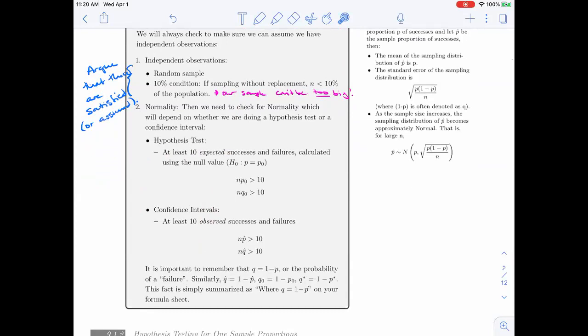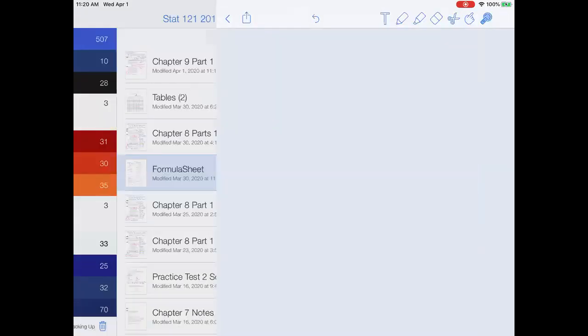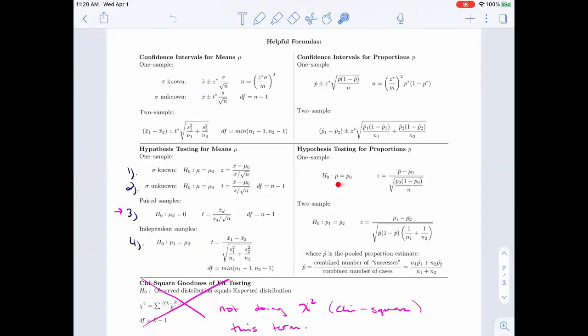So if you're doing a hypothesis test, then you'll have a null hypothesis. And from your formula sheet, you'll see that your null hypothesis is that P equals some P naught. This is the same setup as we had for one sample mean. We're testing one sample proportion against some hypothesized proportion.